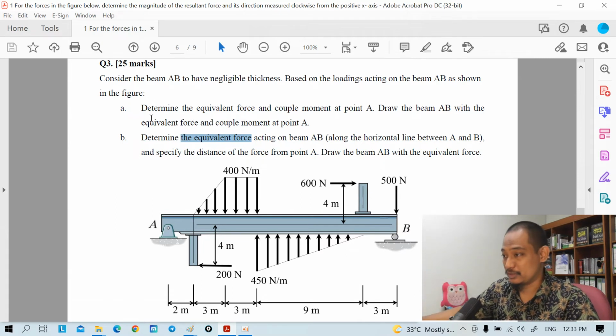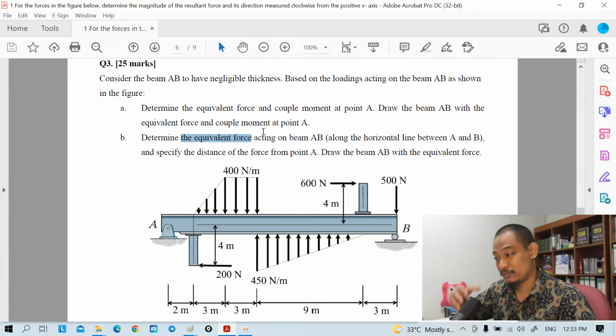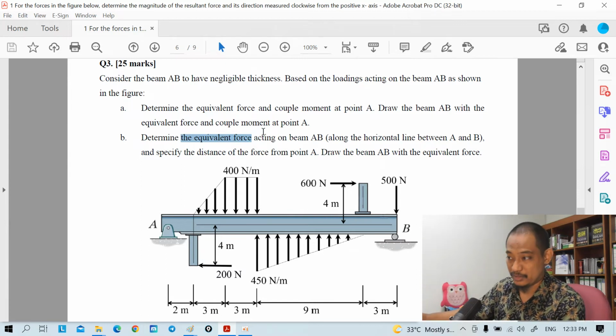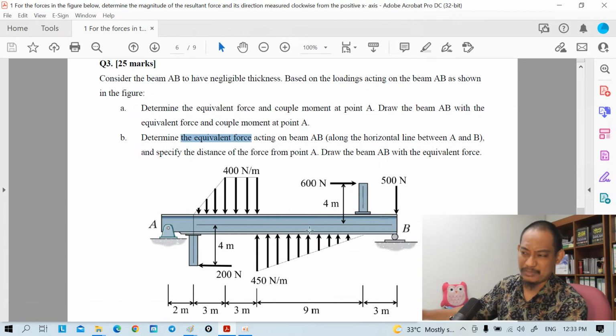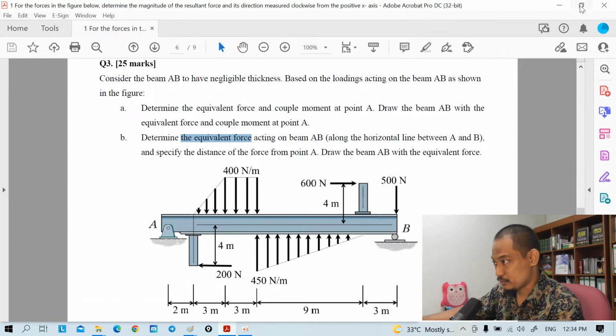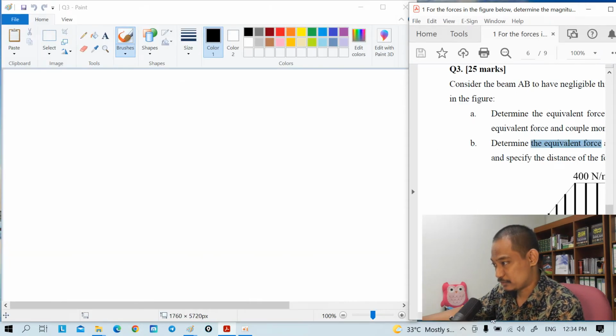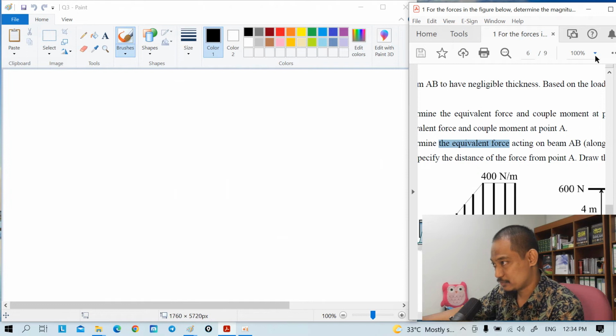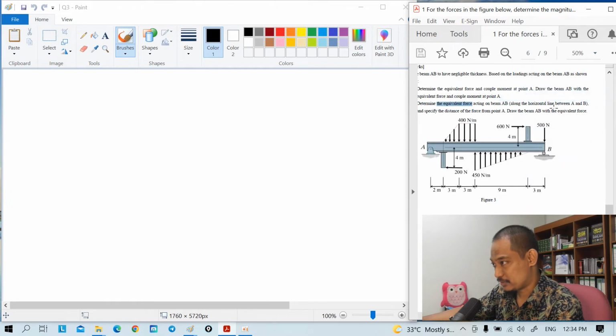What you need to do here is determine the equivalent force and couple moment, and the equivalent force, the further simplification. Do not calculate something else that is not asked by the question. Even though the diagram seems to be similar to another topic, another chapter, that doesn't matter because the question is the question. Alright, so let's put this aside. So how to do this, how to make it visible.